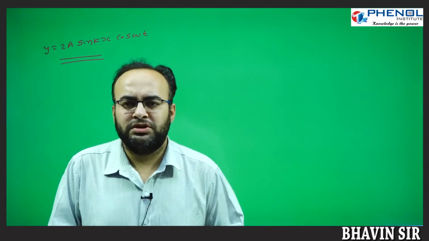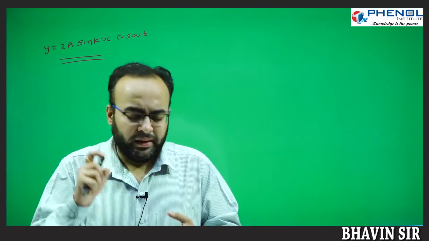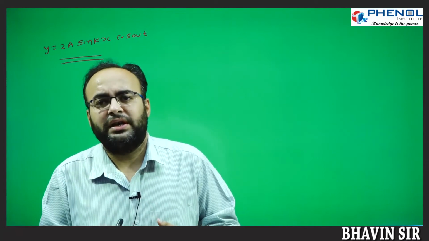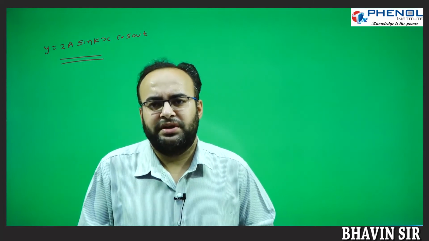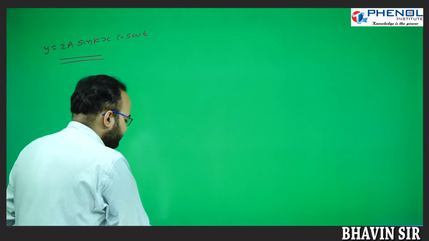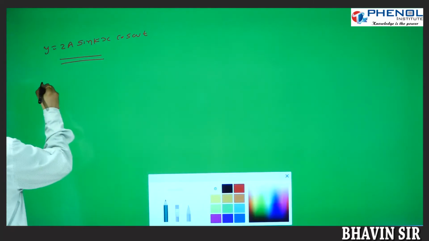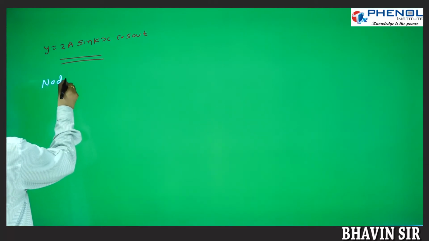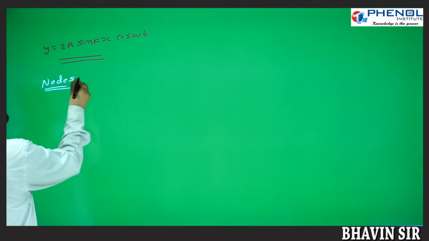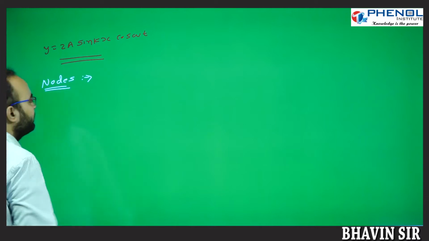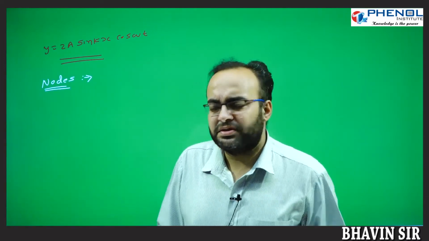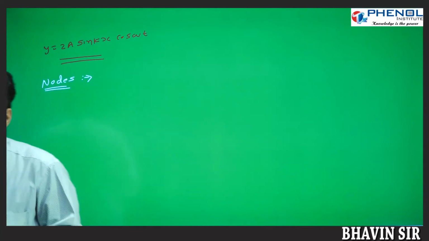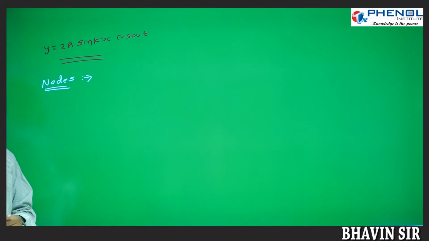So now students, today we discuss nodes, antinodes and frequency of stationary wave. Okay, chalo. So first is what? Node. So what is the meaning of node? Node means where the amplitude becomes 0.